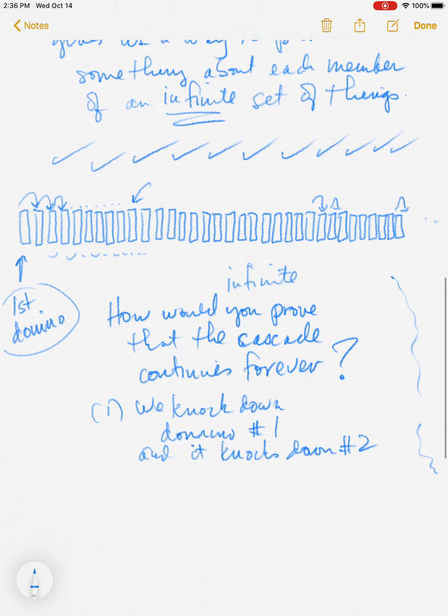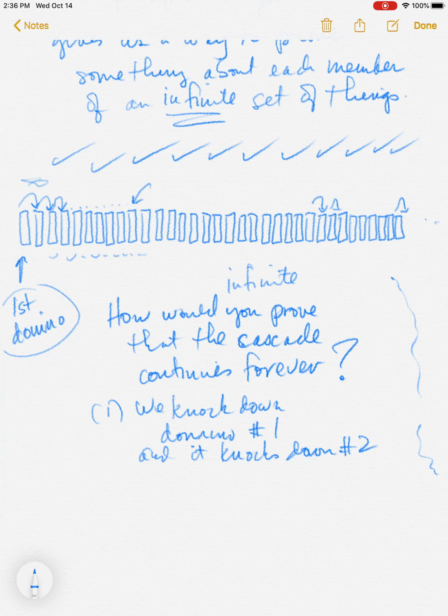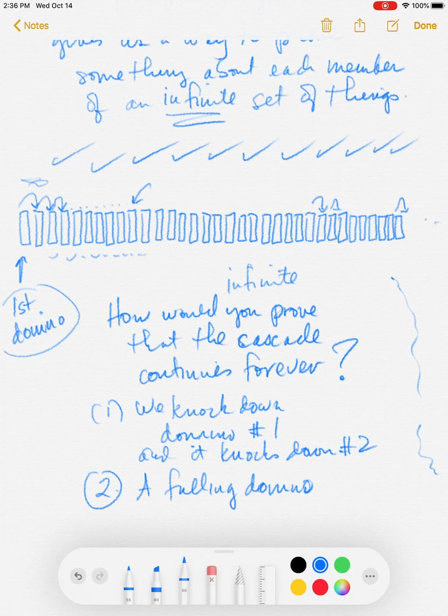Okay, that's our first observation, right? So that's what we were talking about up here. And then you might say that in general, a falling domino knocks over its neighbor, the guy right next to him, right?